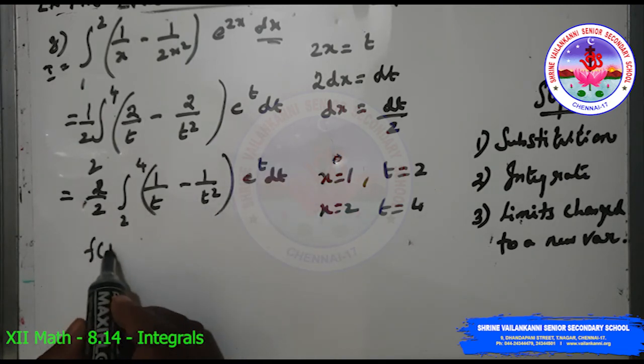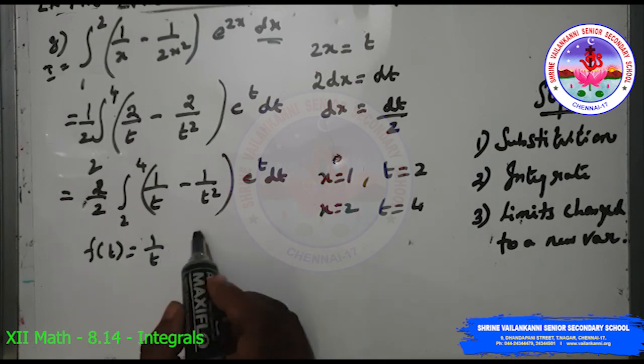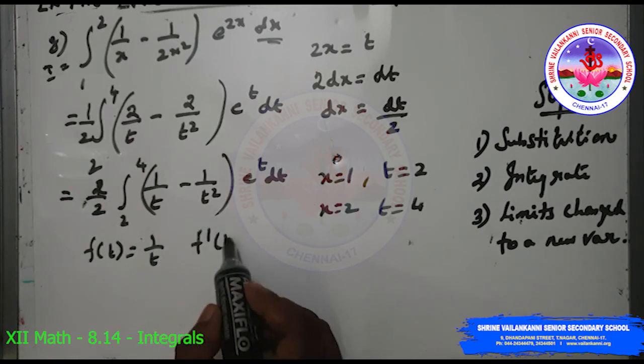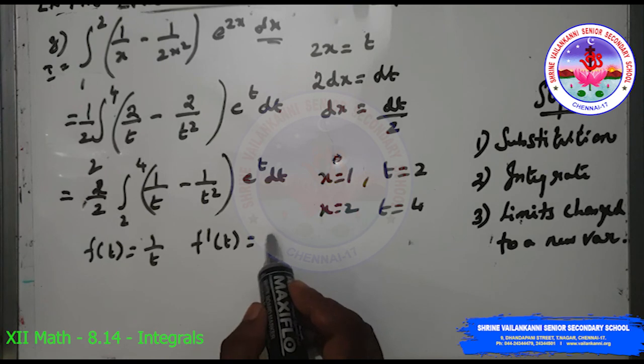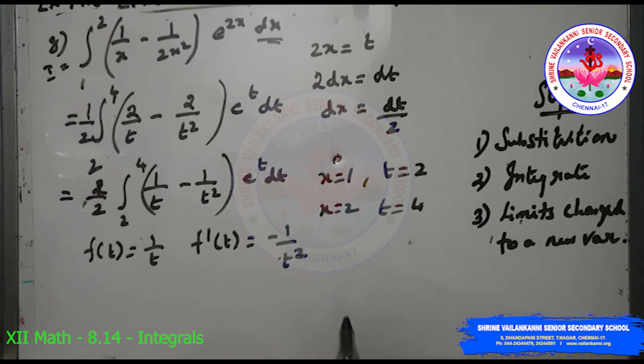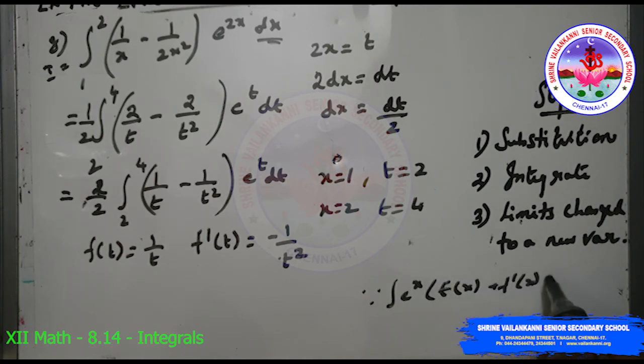Here we have f of t is 1 by t and f dash of t is minus 1 by t square. So using integral of e power x into f of x plus f dash of x dx, which is equal to e power x f of x.